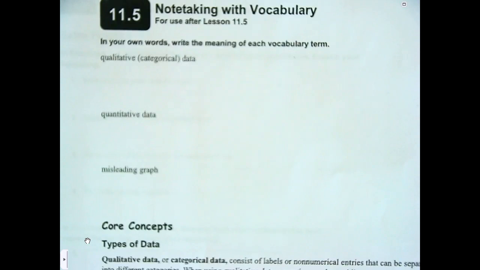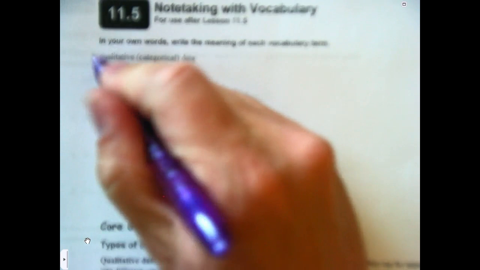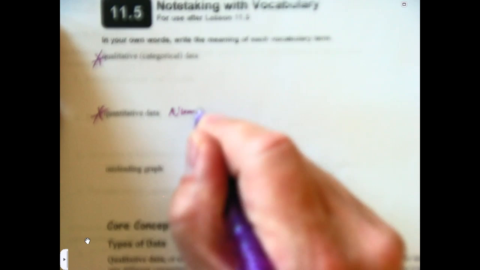Okay, so the different categories that we have in terms of checking out data, we have qualitative data and we have quantitative data. Okay, qualitative is more of a category, whereas quantitative, it measures numerics. It has numbers involved.